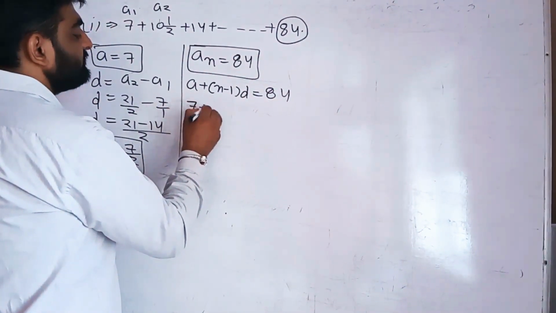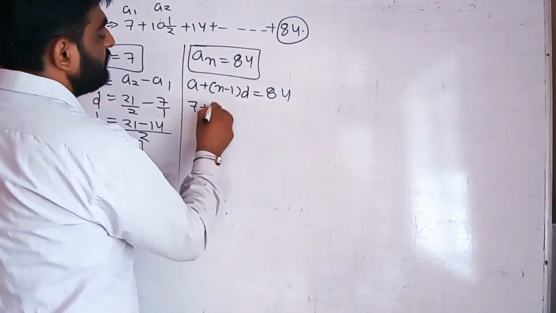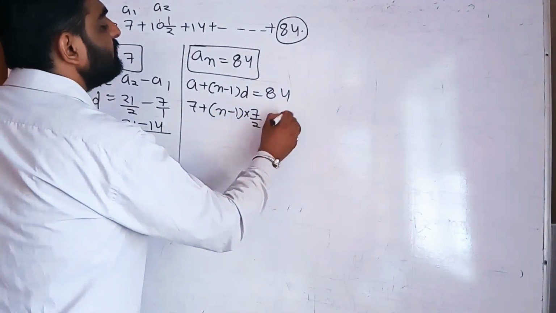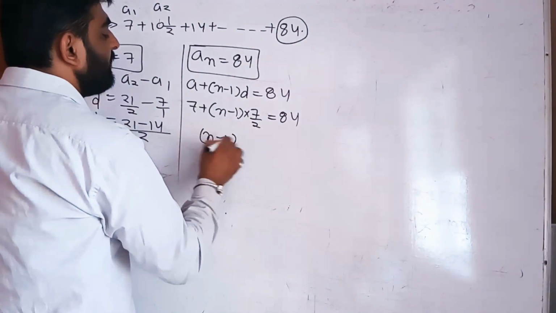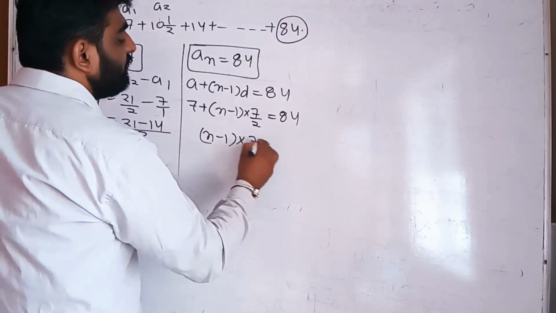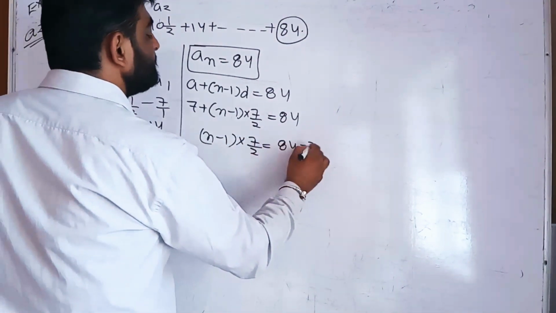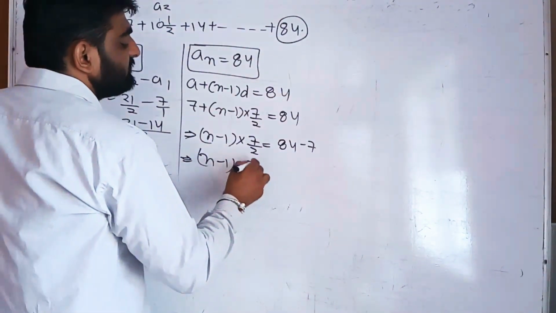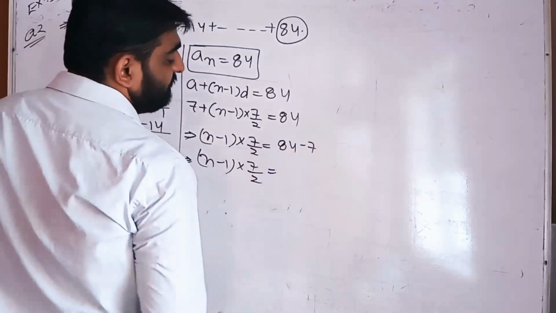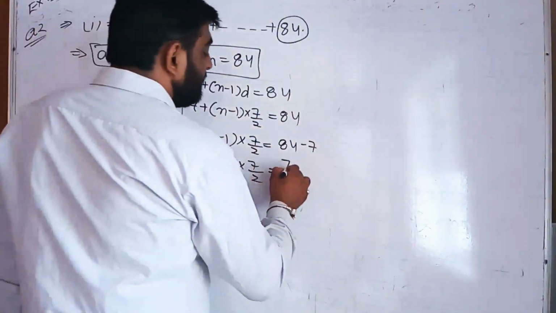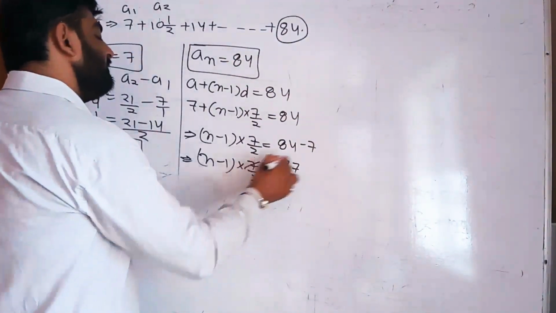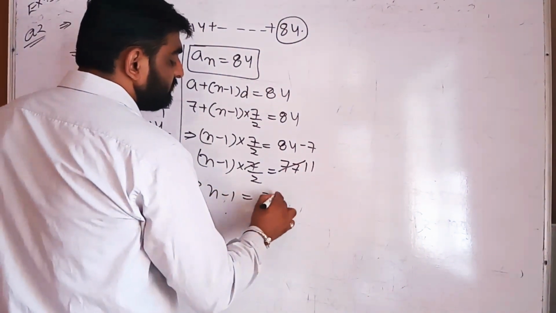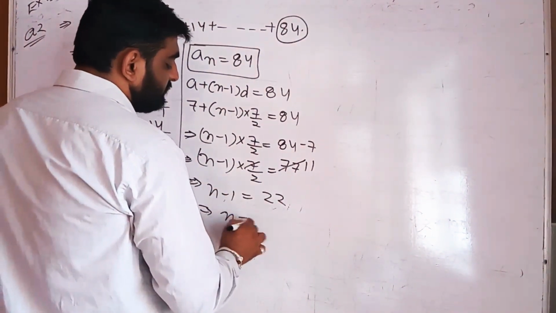Here A equals 7 and N we don't know, N minus 1 into 7 upon 2 equals 84. Simplifying, 84 minus 7 is 77, and 77 divided by 7 upon 2 gives 22, so N minus 1 is equal to 22.